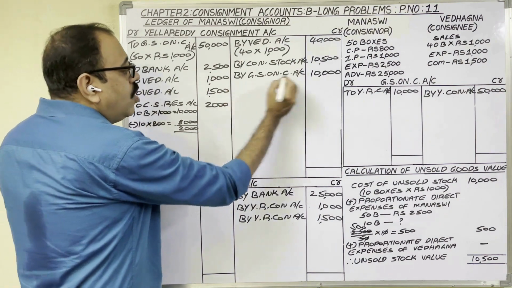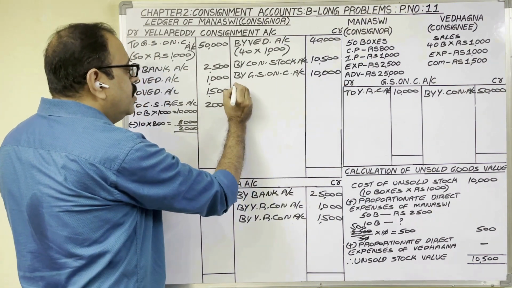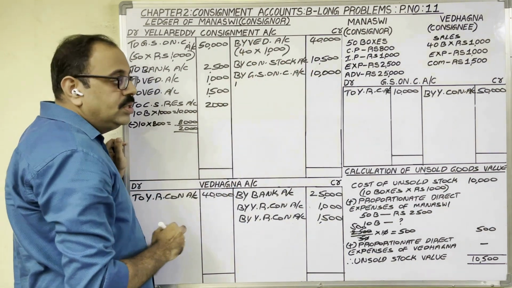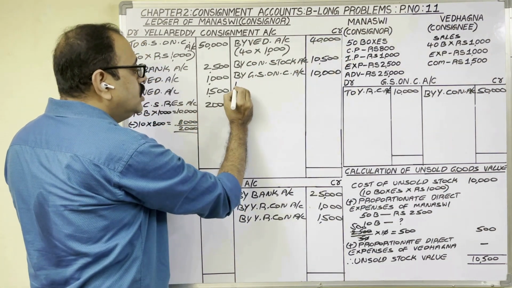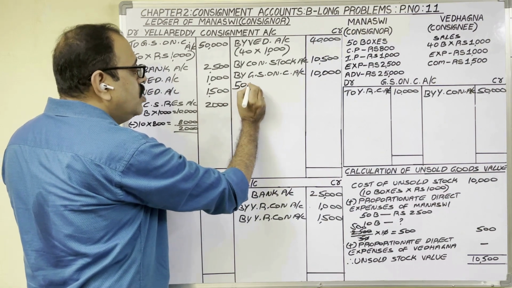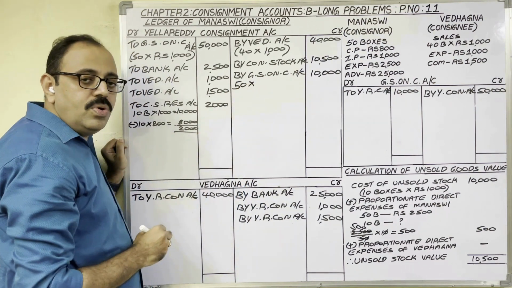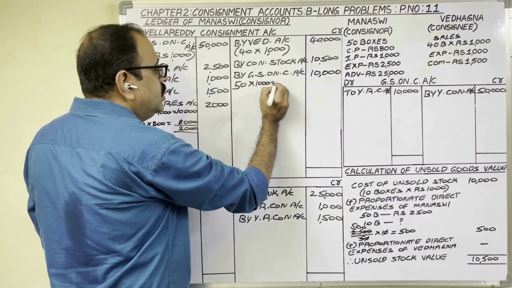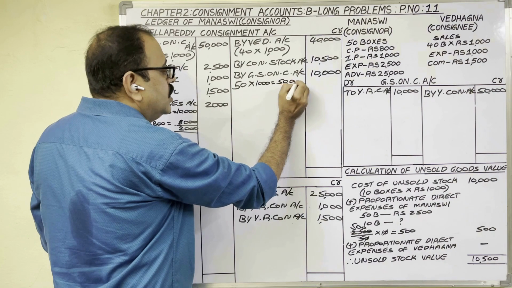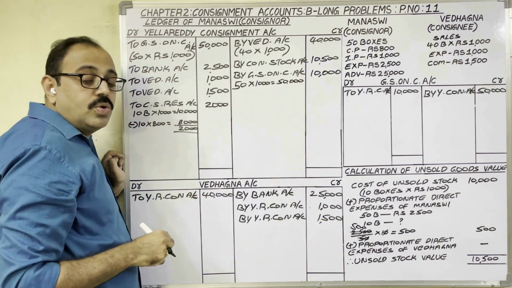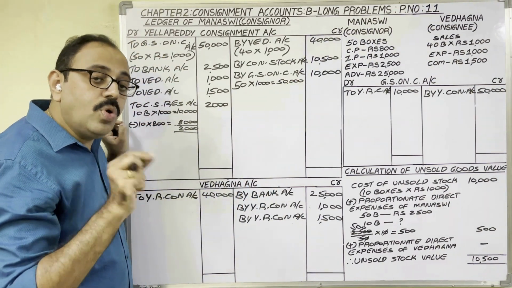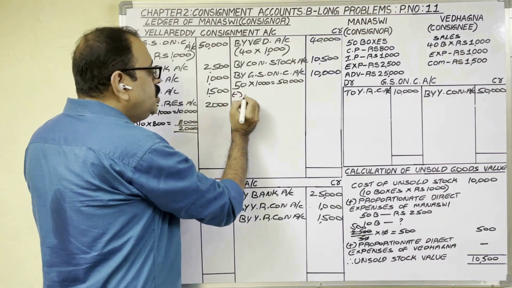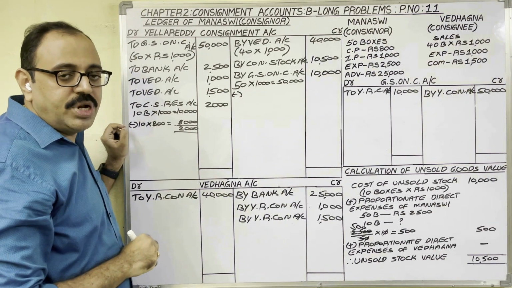Here, how did this 10,000 come? Invoice price of total goods: total 50 boxes are sent on consignment basis. 50 boxes into 1 box invoice price of 1,000 rupees is equal to 50,000. So this 50,000 is known as the invoice price of total goods sent on consignment, minus cost price of total goods sent on consignment.